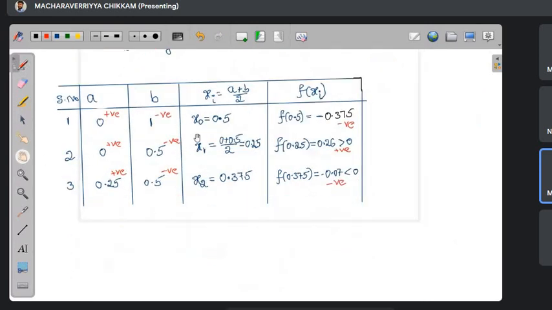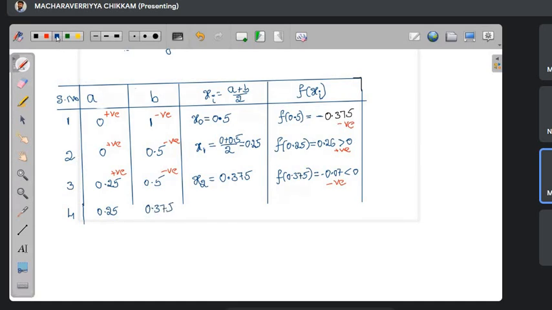So if it is negative, what will you do? So next, in the fourth step, the negative one I need to update. So the positive one you carry as it is, 0.25, and the negative one is changed to 0.375.